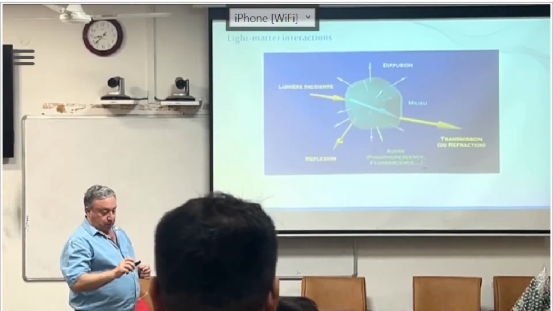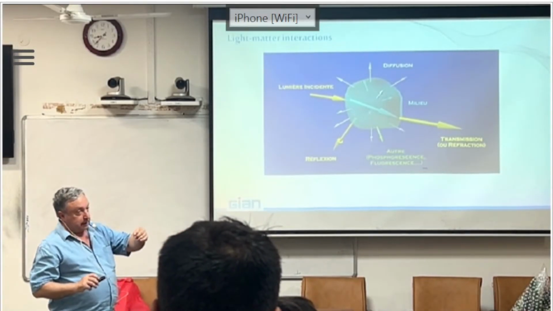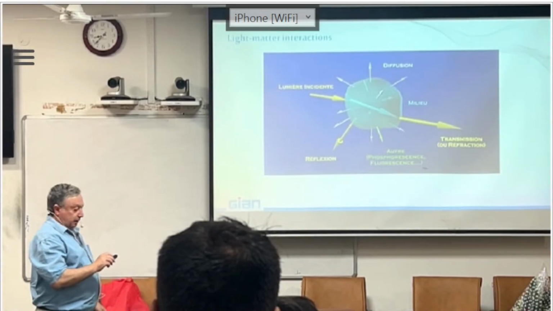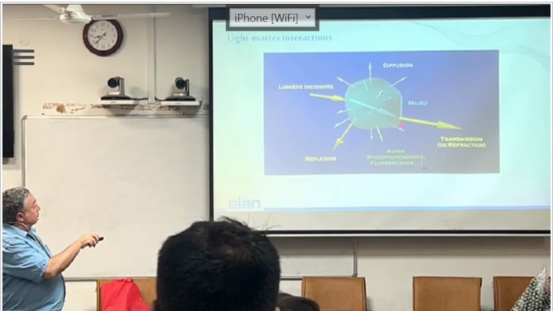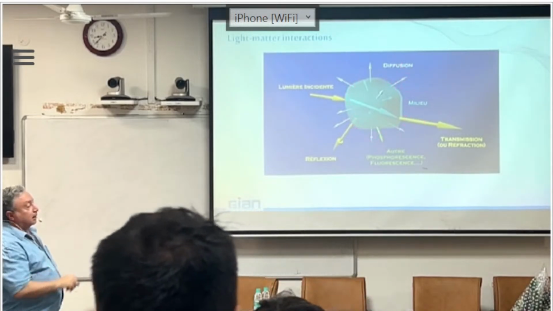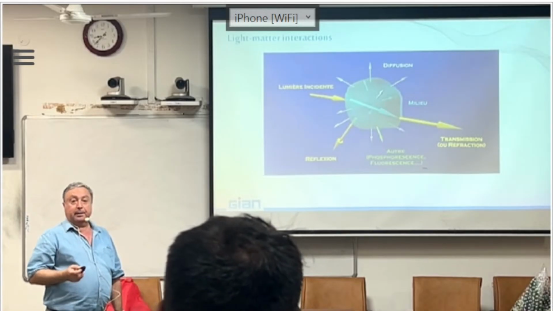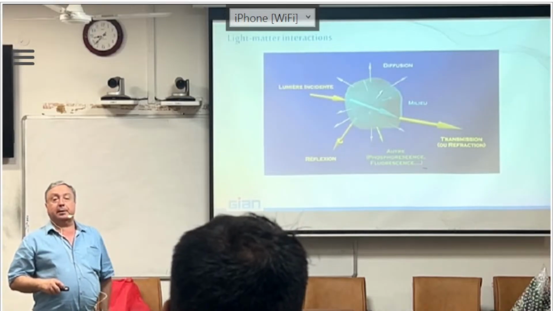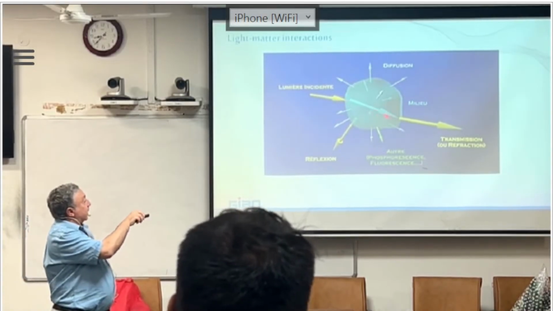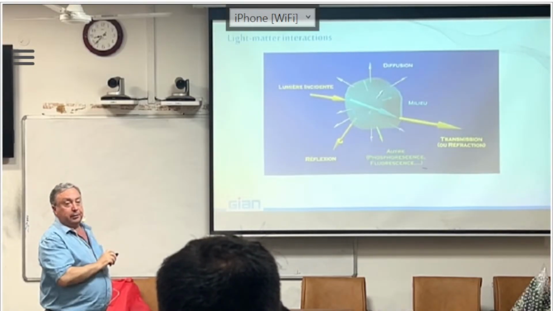What happens now when the radiation enters the matter? When the radiation arrives at the surface of a material, many things may happen. If the material is transparent or translucent to the given wavelengths, you may have transmission, and then you can have the radiation coming out on the other side.